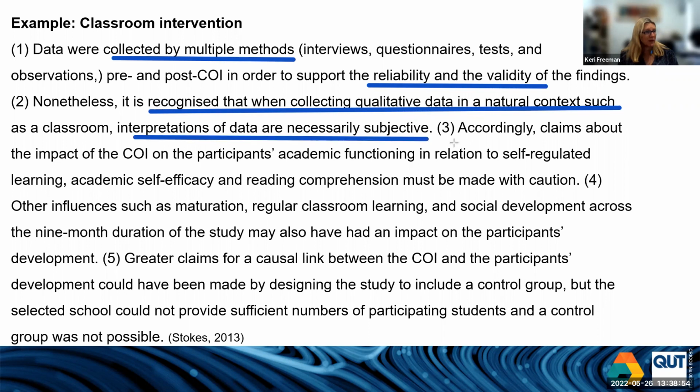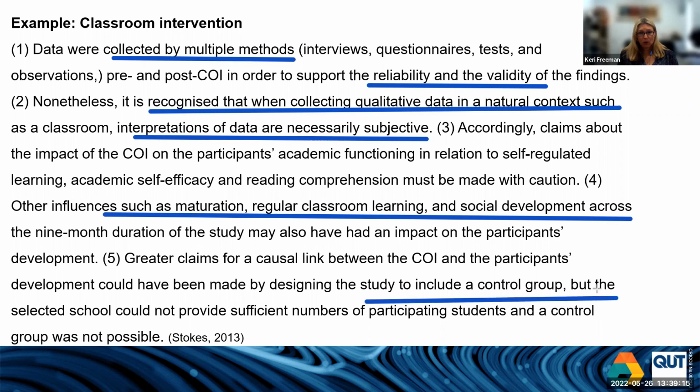We've already talked about that. So that comes to researcher bias because, you know, he is an insider, so to speak. He's the teacher. Yeah, he's saying, well, there could have been an impact of these things. He could have had a control group, which would have been more work. He already did a lot of work anyway, so it wasn't possible. Okay.